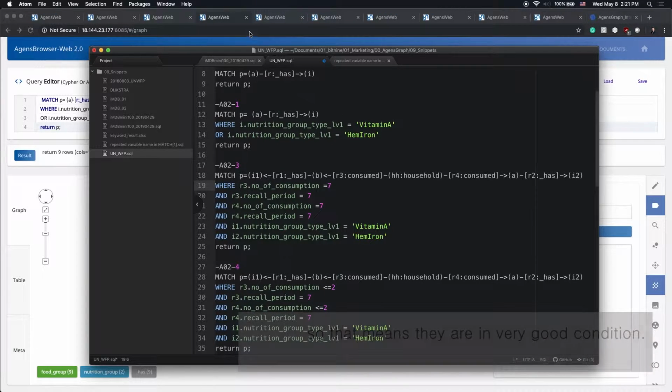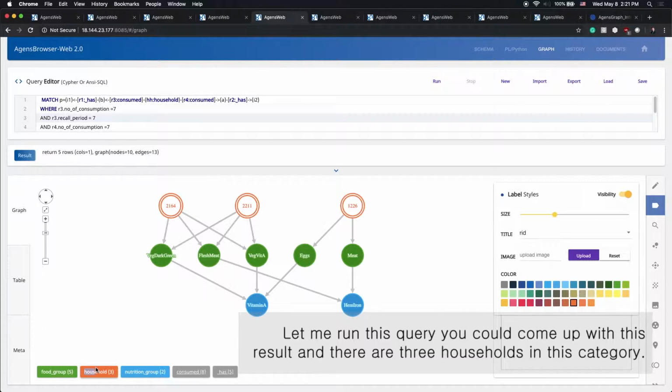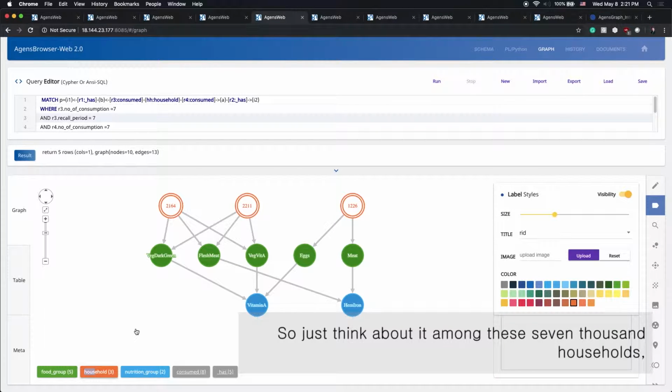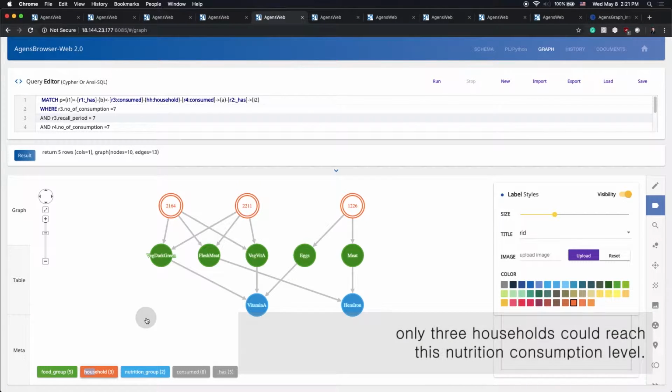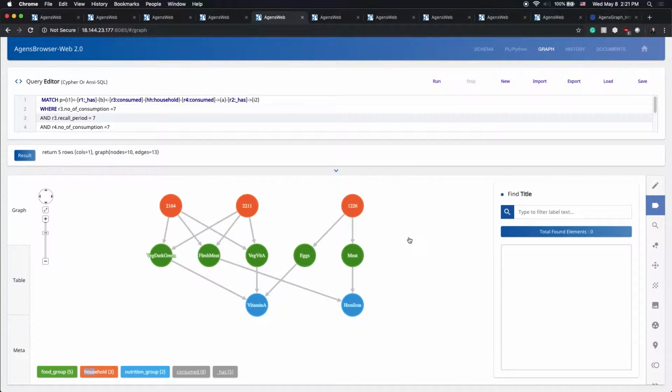When you run this query, you come up with this result, and there are 3 households in this category. So just think about it. Among 7,000 households, only 3 households could reach this nutrition consumption level.